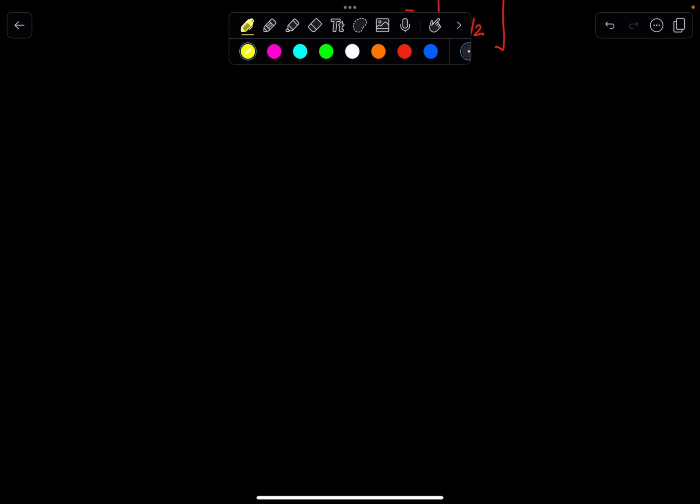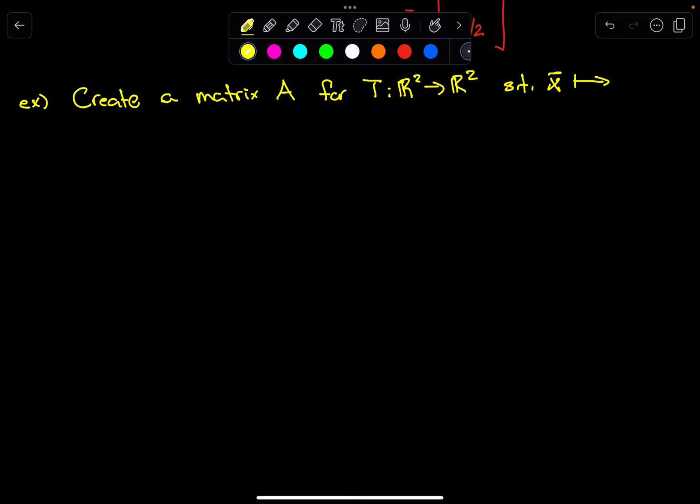a slightly different version of this would be to say, create a matrix A for the transformation T going from R2 to R2. I'm going to word this one differently just to build some fluency.